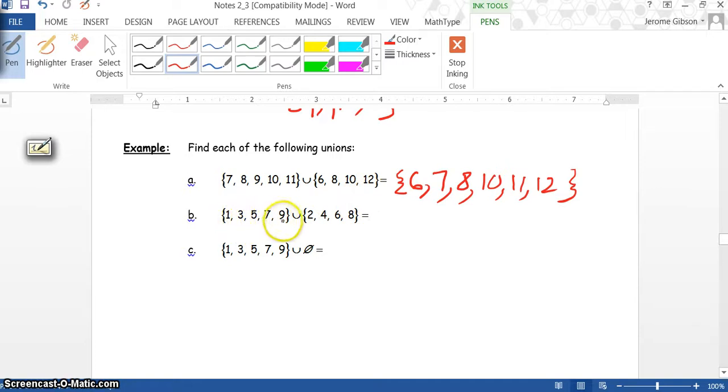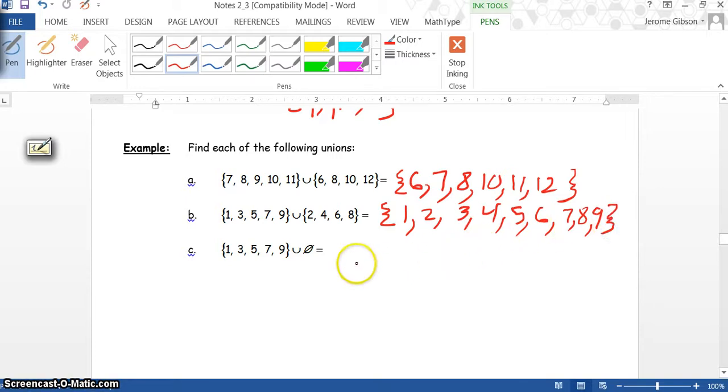Now we have {1, 3, 5, 7, 9} union {2, 4, 6, 8}. So we will have 1, 2, 3, 4, 5, 6, 7, 8, 9. And that is our final answer.